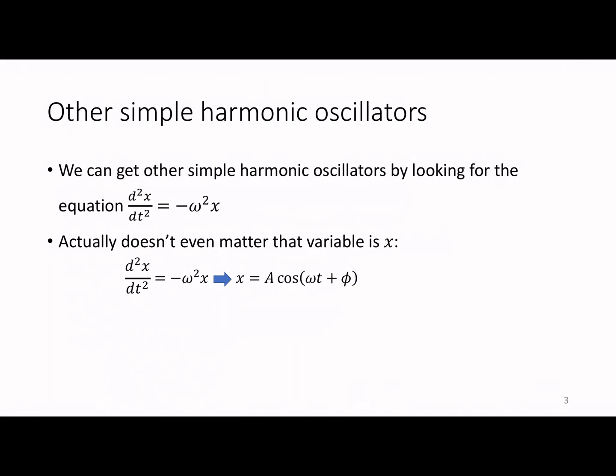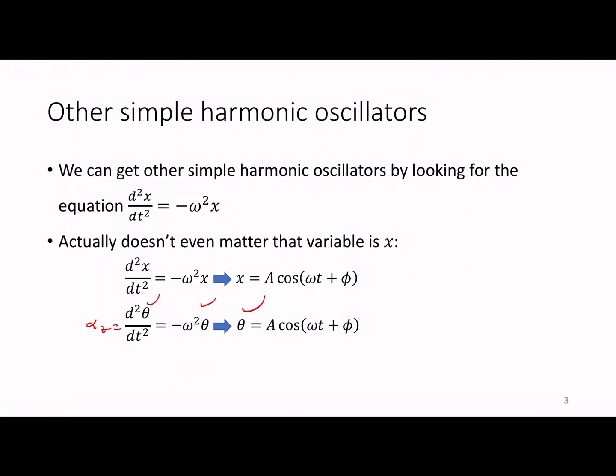But it can be anything else. It can be a position, x, as is drawn here, or it could be some other variable. For example, if I have an angle, theta, such that angular acceleration, alpha z, is equal to minus omega squared times theta, well, the math here is the same. It's just a substitution of variables.